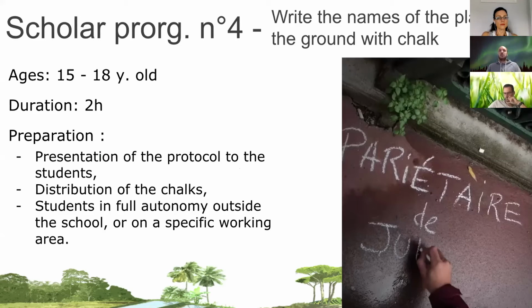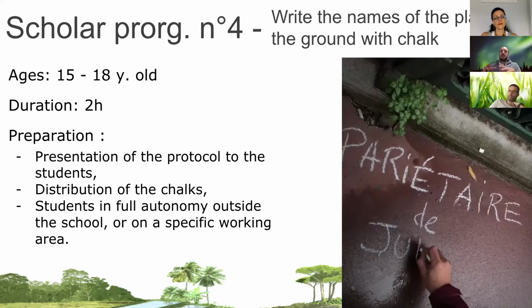What they do in that context is present how to use the application, and they ask the students, when they go out of the school, to record some of the species that are present in the urban landscape.